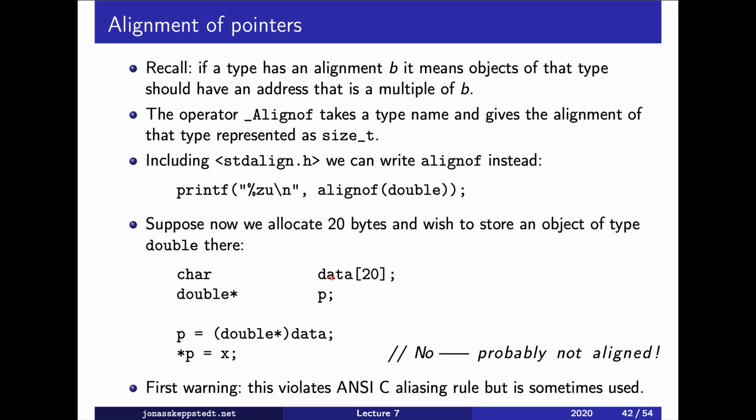This is a bad idea for 2 reasons. First of all, there is nothing that says that p, I mean what it points to, is a multiple of 8. So it may get an error called bus error and crash the program.